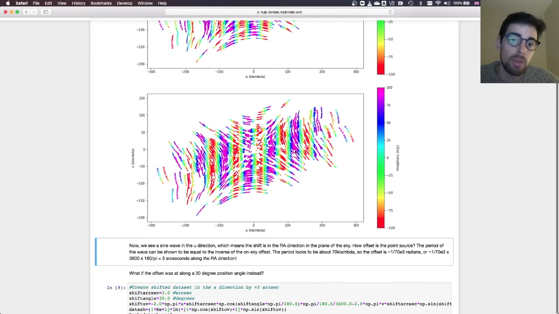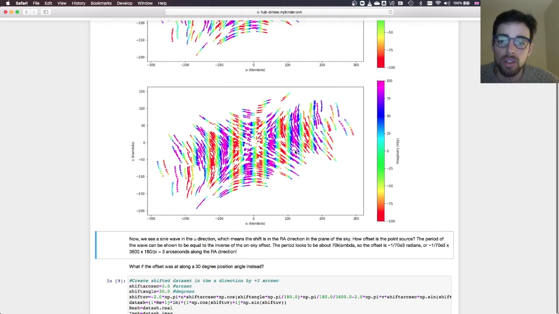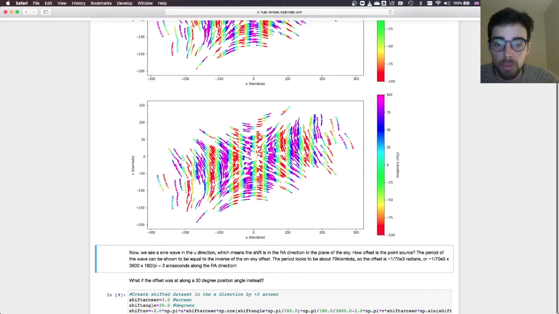Okay, so just from the direction of this sinusoid, you can basically infer the direction of the offset, and furthermore, you can infer its period. So for example, here in the imaginary, it's 0 here at the center, and then it's 0 again after a full period at about 70 kilolambda. That 70 kilolambda, it turns out, is related to the offset of the point source.